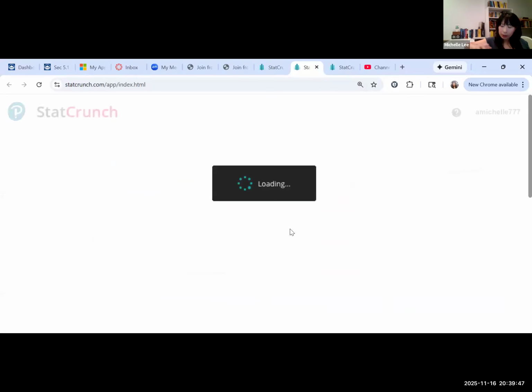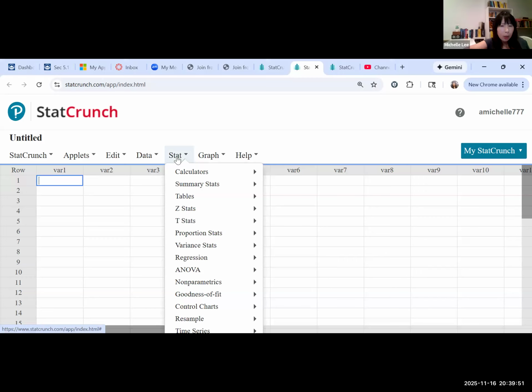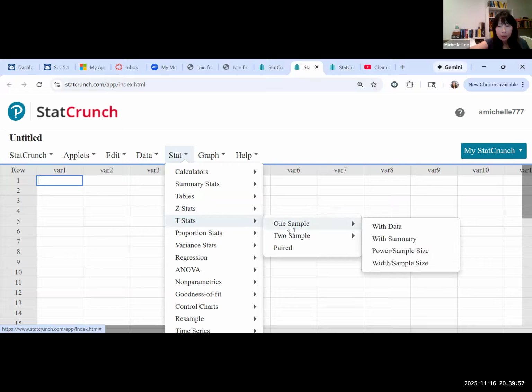Open StatCrunch, go to Stat, then T Stats, one sample, and then with summary. We had experience with this before when we did a hypothesis test for a mean.